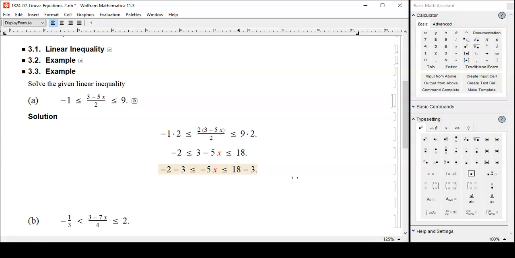Let's bring back this thread. So consequently, what do we have? Negative 5x, 15, is it right?